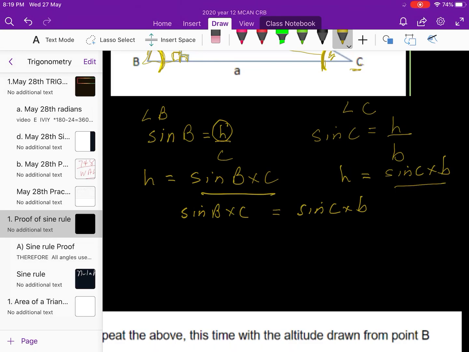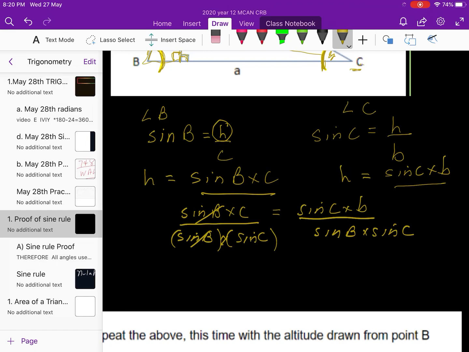Now we can rearrange this again, just a little bit of algebra. It doesn't change anything, but we're going to divide by sine B times sine C. That just puts it over a common denominator.